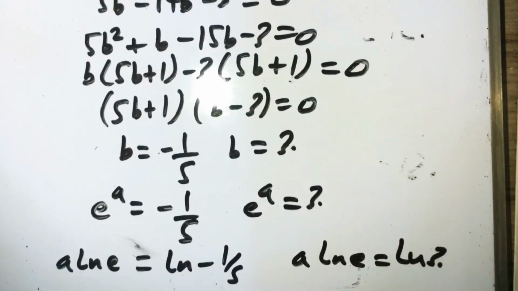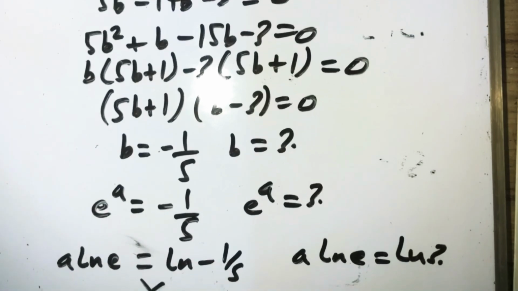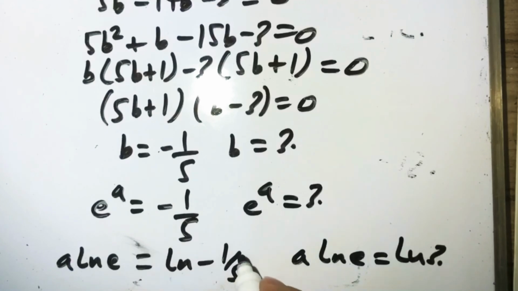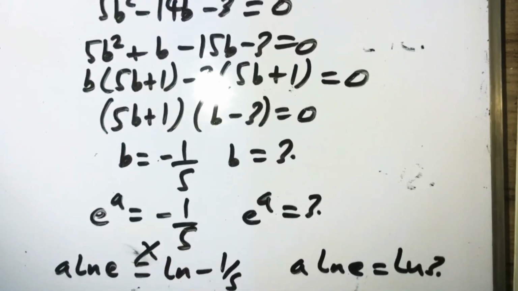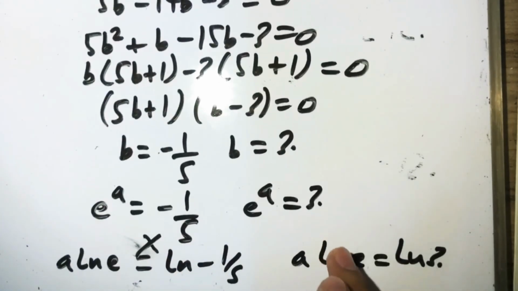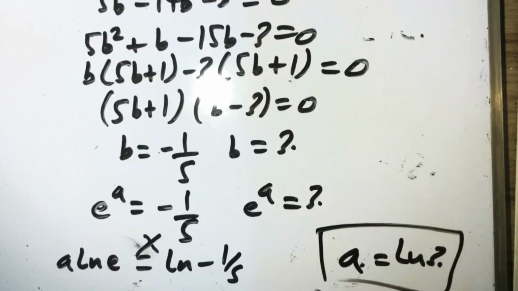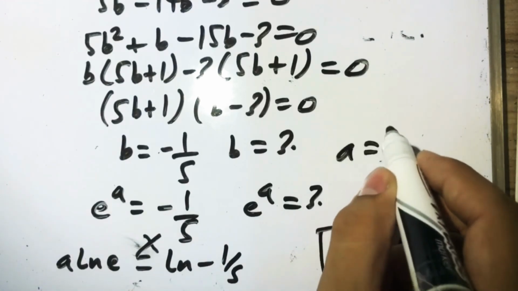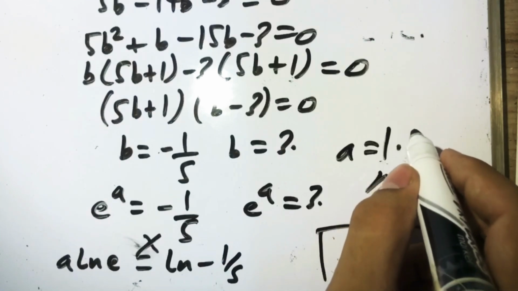Now ln of a negative number is not possible, so this is not possible. While over here ln e is equals to 1, so a equals to ln 3, or you can simplify it to a equals to 1.10.